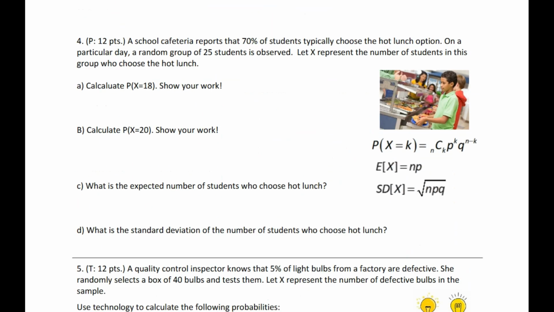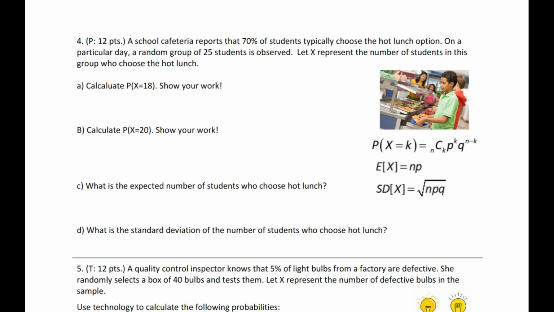Okay. In the next problem, it says a school cafeteria reports that 70% of students typically choose the hot lunch option. On a particular day, a random group of 25 students is observed. Let X represent the number of students in this group who choose the hot lunch.